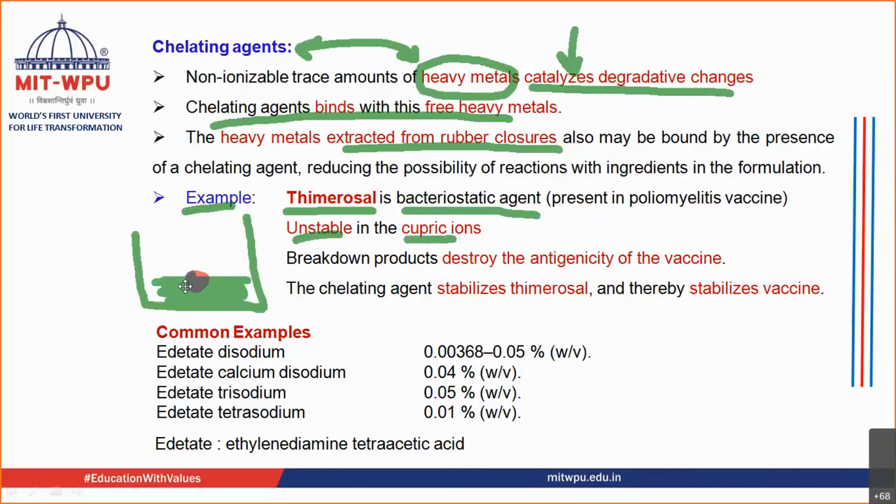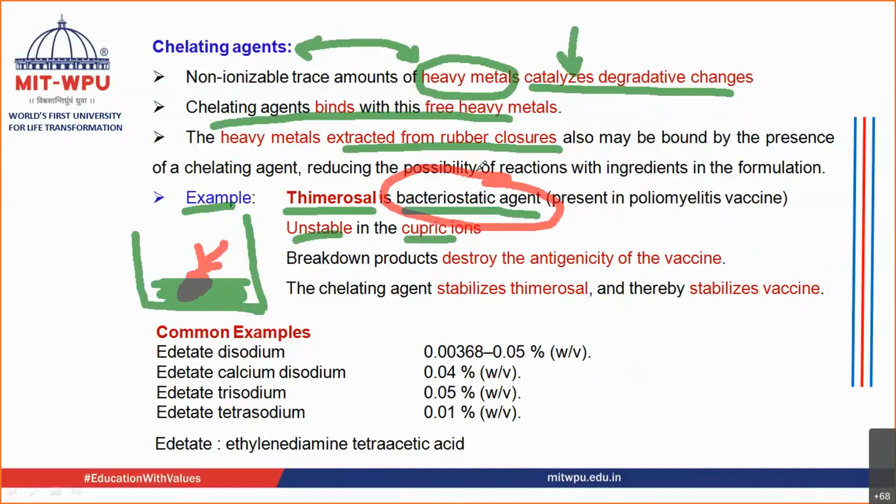So now this thimerosal is reacting with cupric ion. Whatever cupric ions are present over here, it is going to react with them. And because of this reaction with cupric ion, this thimerosal is now going to become inactive in nature. Right? If this thimerosal becomes inactive, then what is it not going to show? It is not going to show its bacteriostatic action.